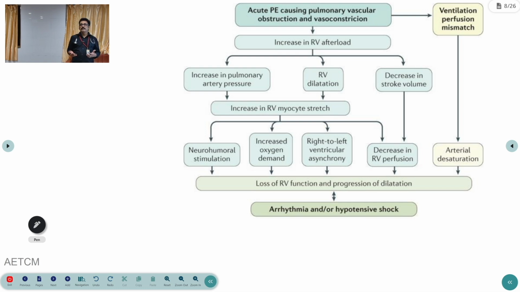Also, a major part of the lung is not having any blood circulation, which can reduce oxygenation. So ventilation perfusion mismatch can happen, and because of RV failure and RV dilatation, the patient can develop atrial arrhythmias like atrial fibrillation, multifocal atrial tachycardia, all these things can also happen.